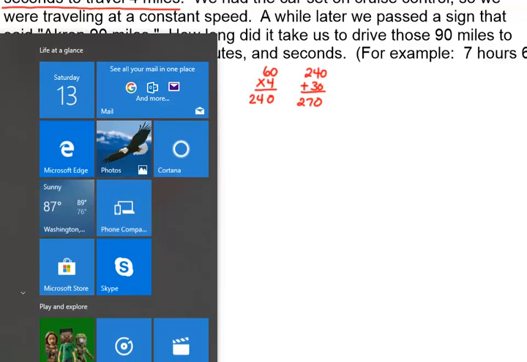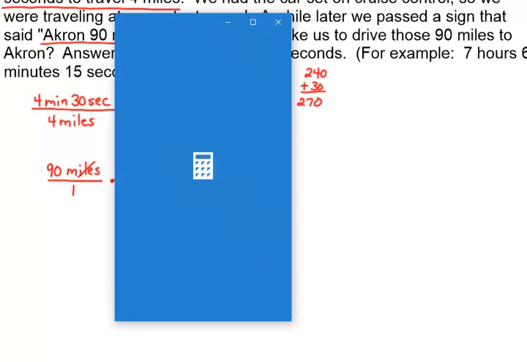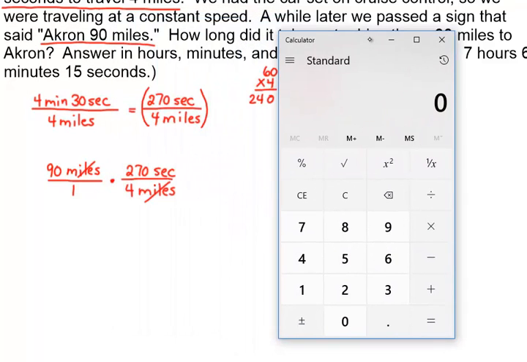And I don't have a calculator on the side of me, so I'm going to look for my calculator. So I am going to take 90 times 270, and then I'm going to divide it by 4.